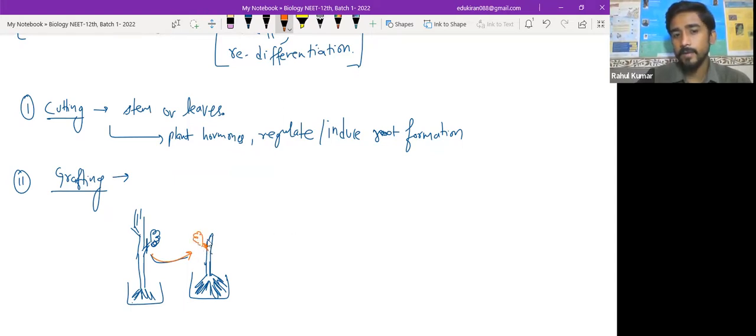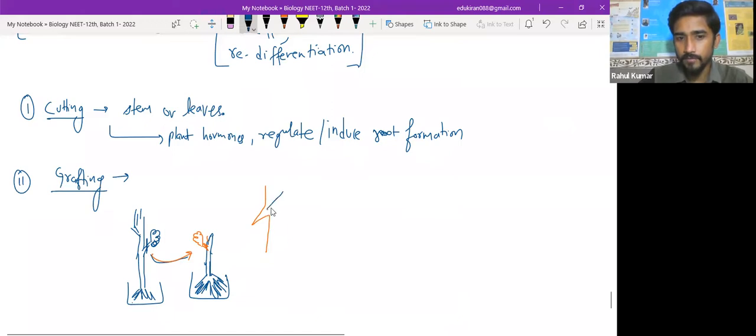Is it clear, everyone? Now when we are grafting it, basically we make an oblong cut. Remember we talked about this? So this is the stem. In the stem we will make a cut like this, and then we will take another tissue that we need to graft, which will be like this.